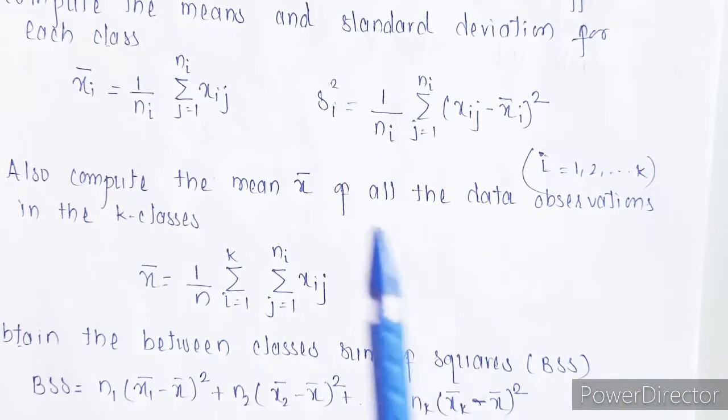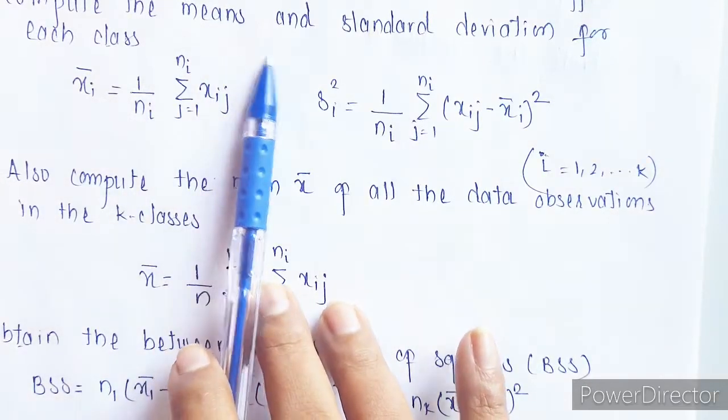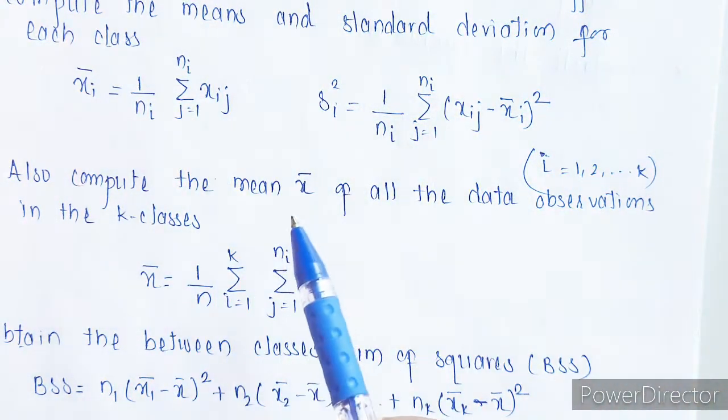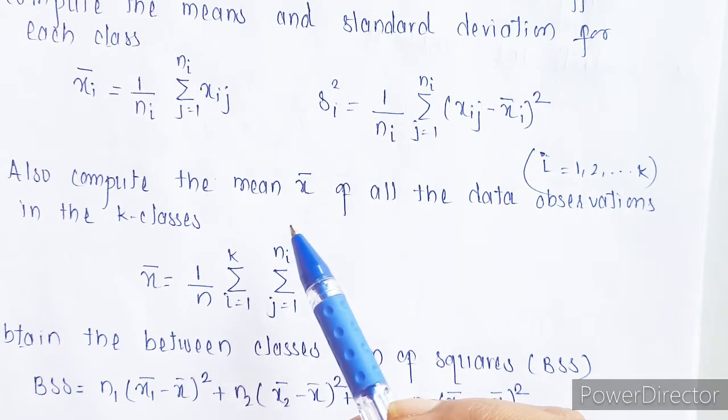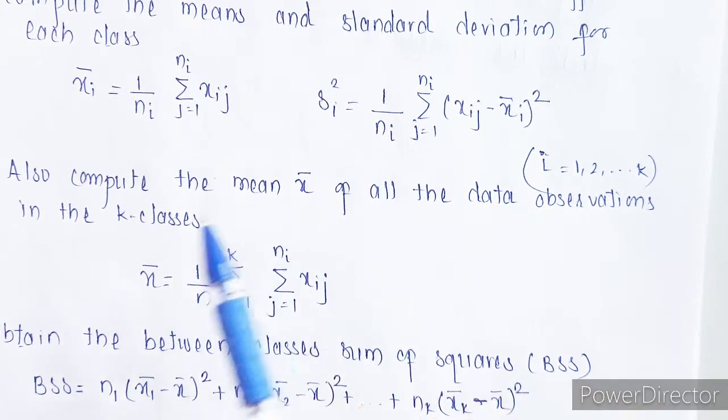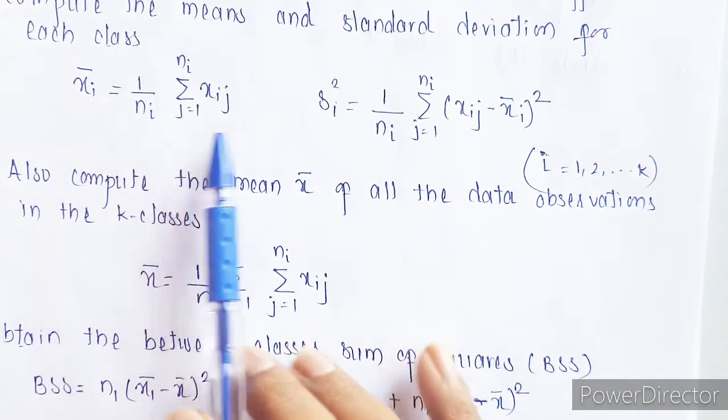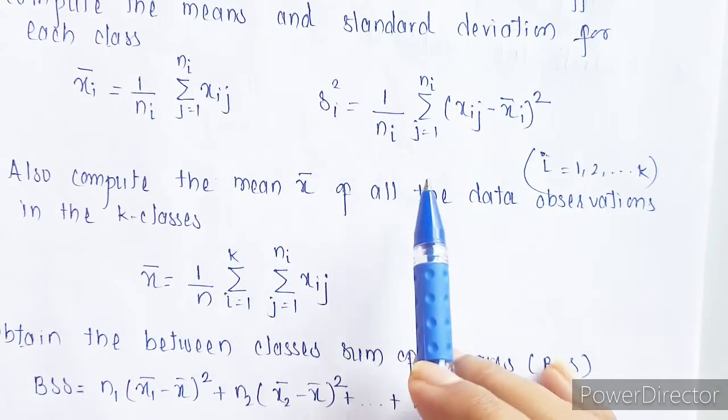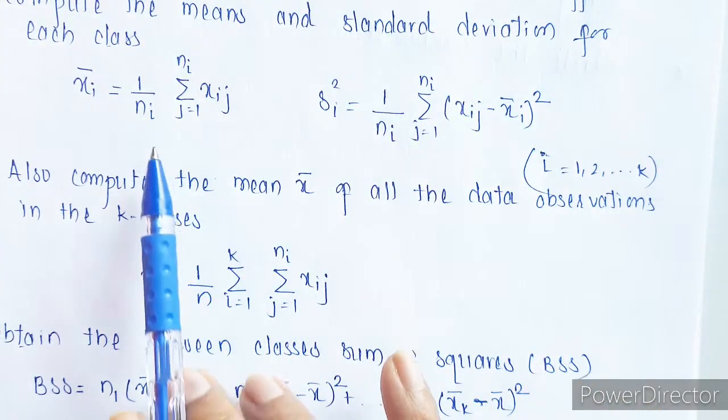Second step, we have to compute means and standard deviation for each class. Suppose we have 4 classes, then we have to calculate the mean as well as the standard deviation for each of these 4 classes. These are the usual formulas.